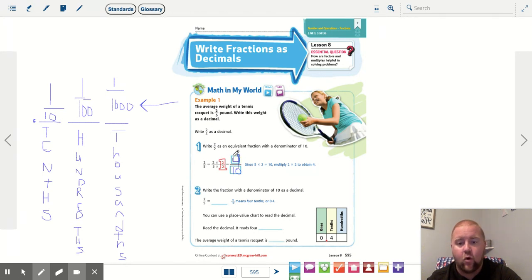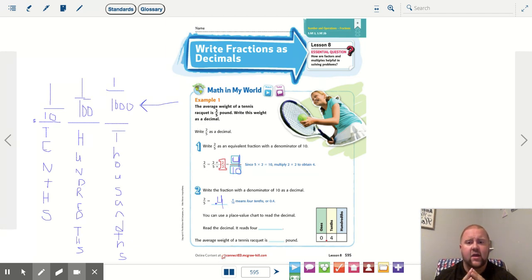So now we have 4 tenths. 4 tenths means we have a 4 in the tenths place. 2/5 is the same as 4/10, which is equal to 4 tenths, a 4 in the tenths place. So when we look at our chart, we have 0 ones because there's no whole number, and there is a 4 in the tenths place. So 0 and 4 tenths is what this fraction looks like as a decimal.